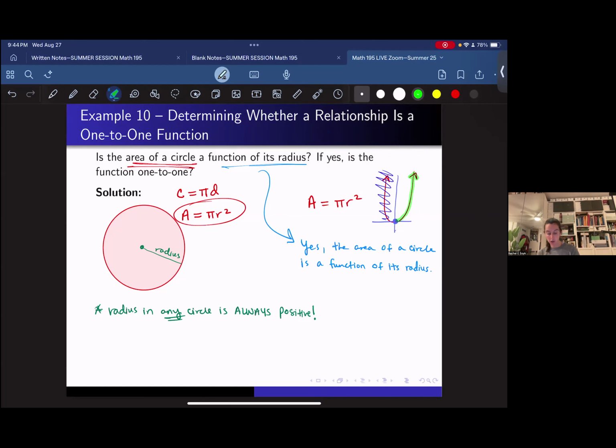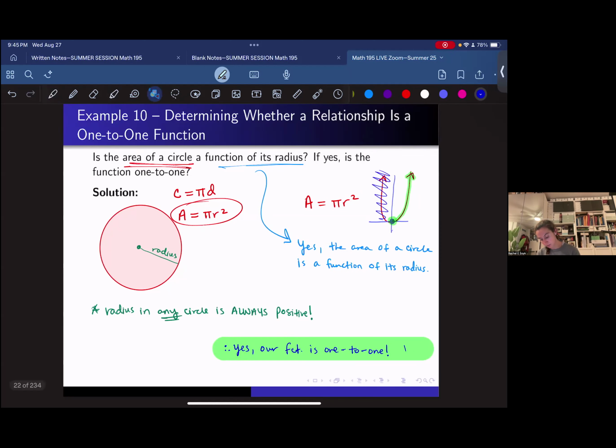Meaning, does this green highlighted part of the function pass the horizontal line test? Yes, it does. Therefore, yes, our function is one-to-one. And we're done.